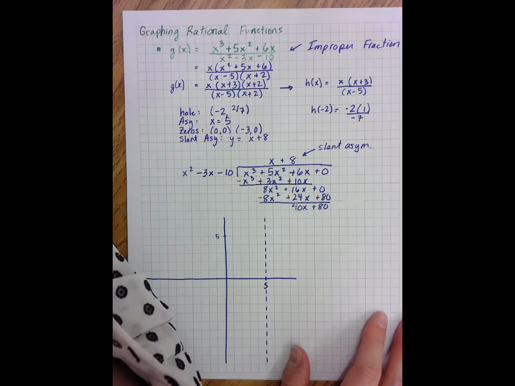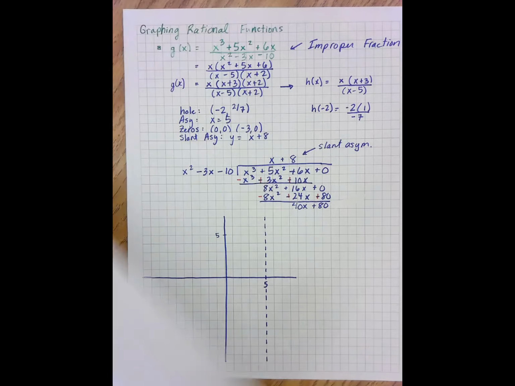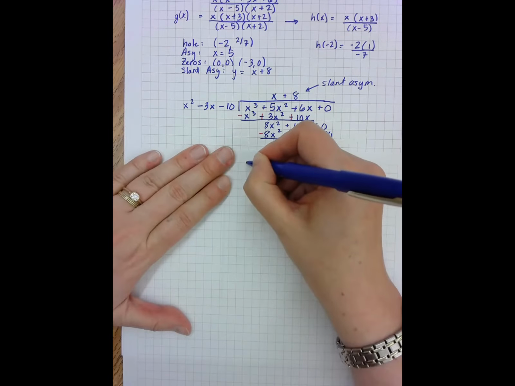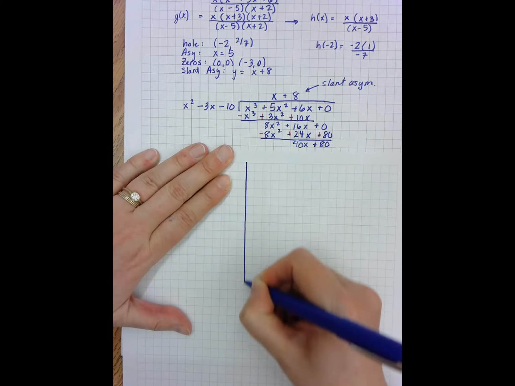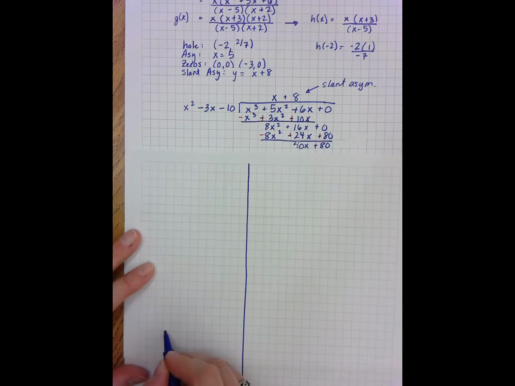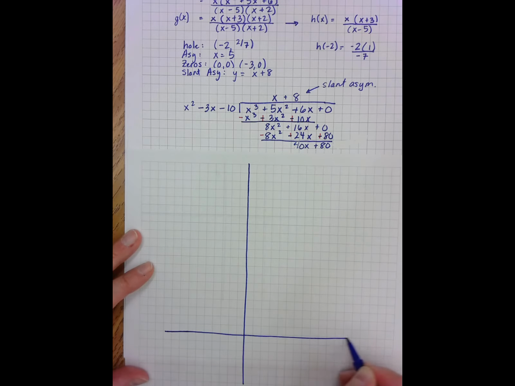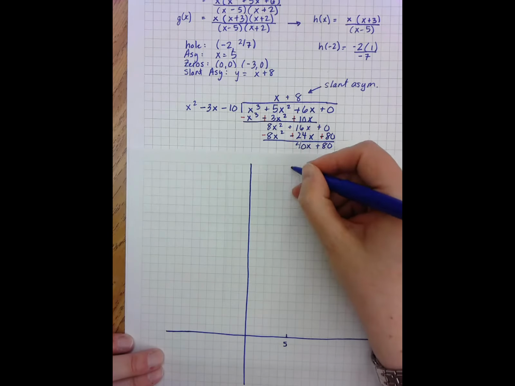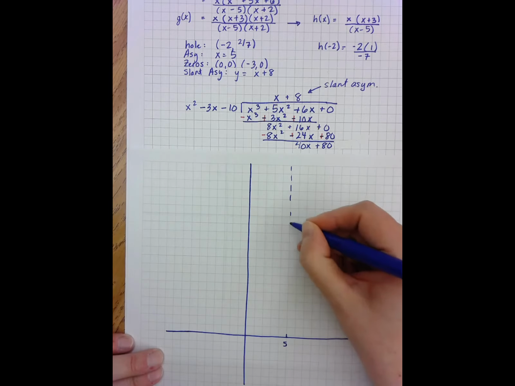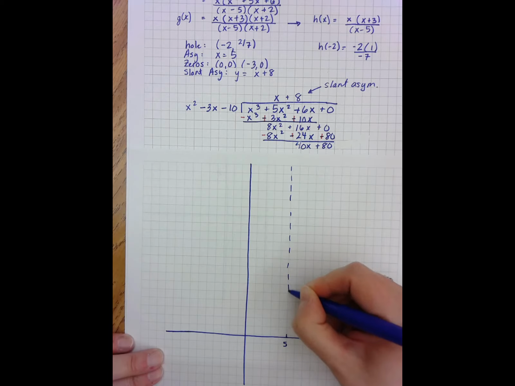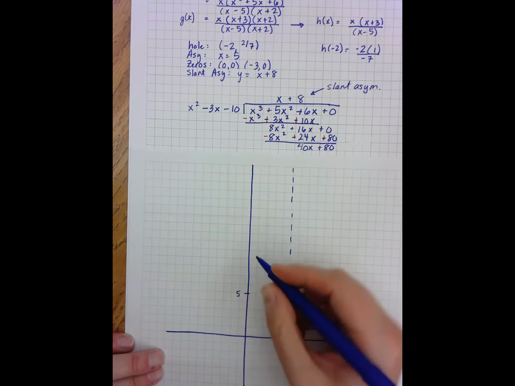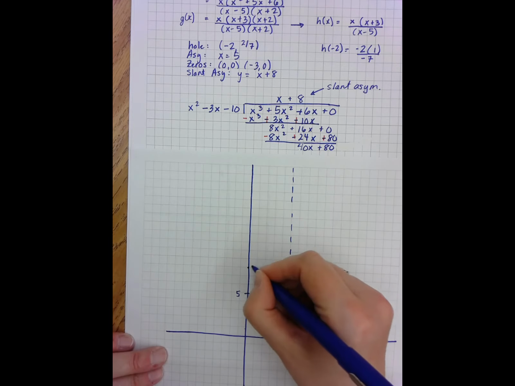Let's extend this. 1, 2, 3, 4, 5. 1, 2, 3, 4, 5, 6, 7, 8.